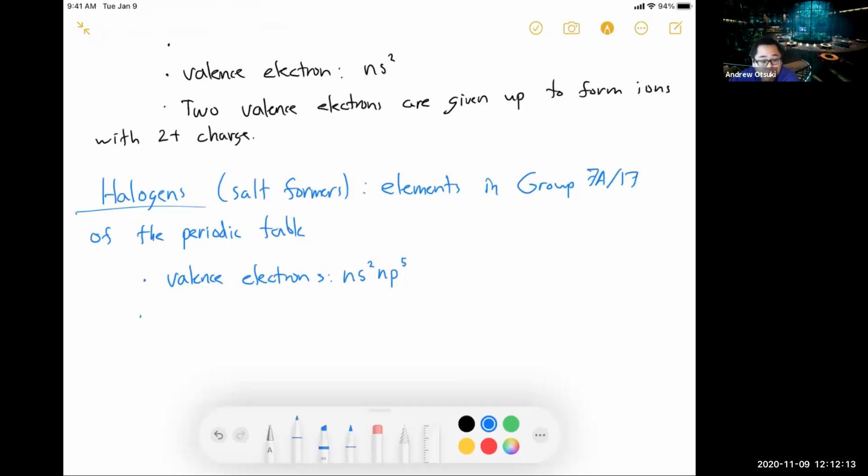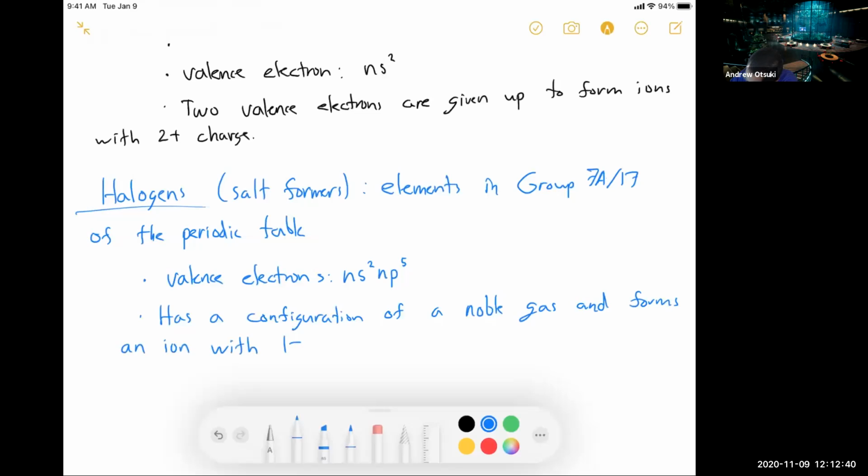When a halogen gains an electron, it has the configuration of a noble gas and forms an ion with a 1- charge.